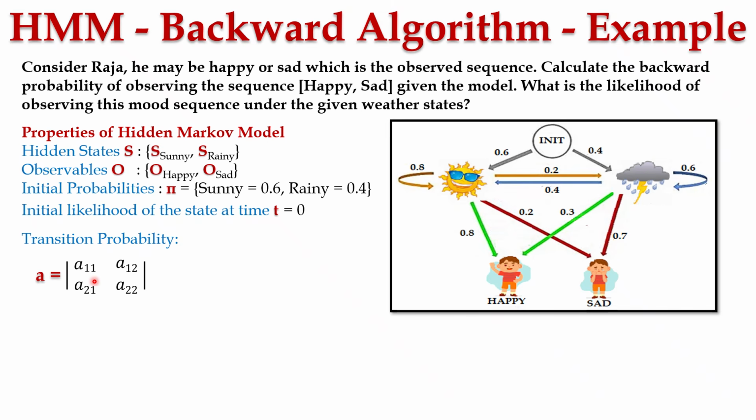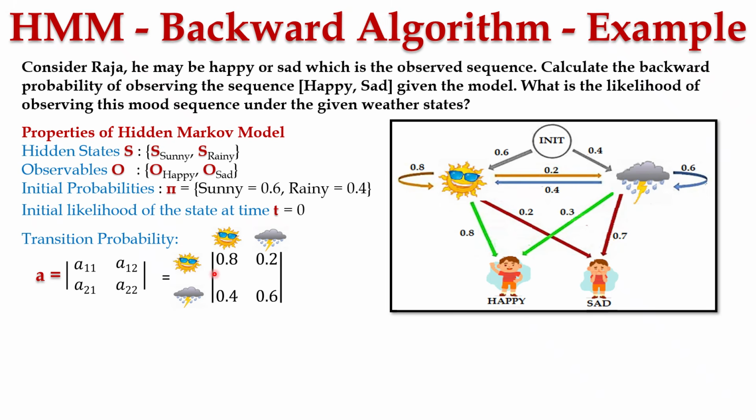Here, the matrix value A11 represents the transition from sunny to sunny. Its value is 0.8 in our model. Next, the matrix value A12 represents the transition from sunny to rainy. Its value is 0.2 in our model.